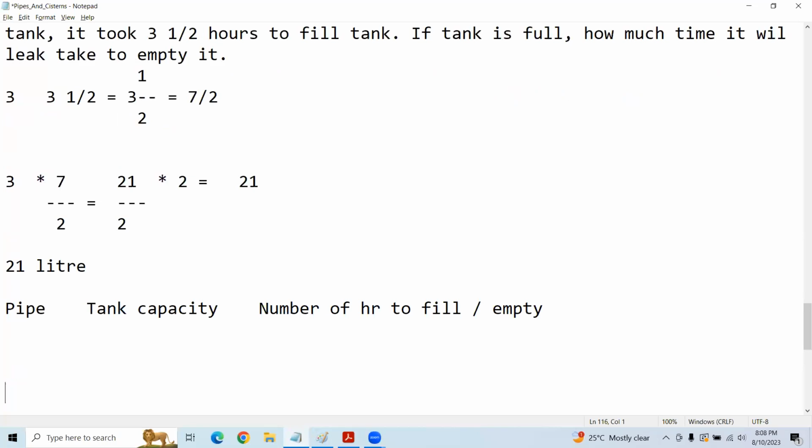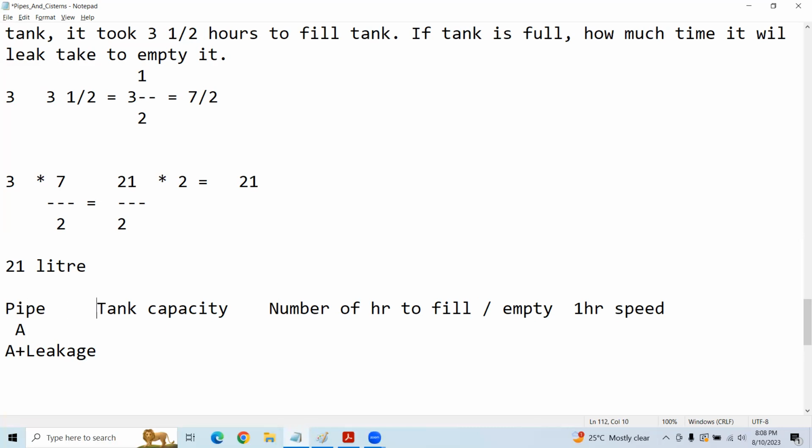And then we have 1 hour speed. We have only one pump here and we have leakage over here. We can say this as A plus leakage, because they have given us the time considering both the things are open.